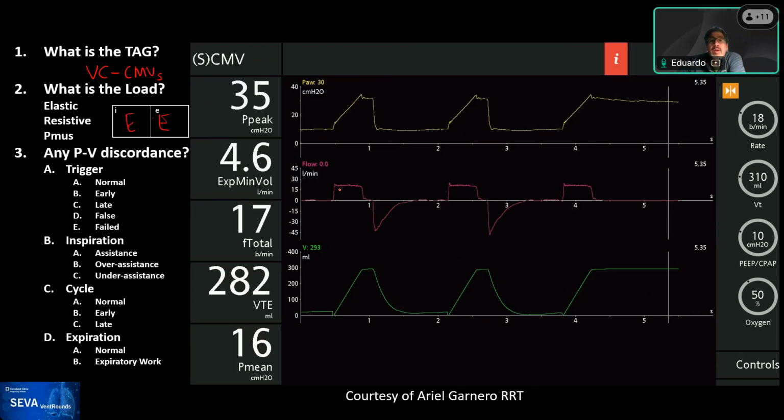And if we remember our waveform, you will see that this is volume control with a square waveform. And now, Rana, you can clearly see that the pause is right there, right? It looks like a pretty one. It's not as perfect because remember, this is being measured at the airway opening.